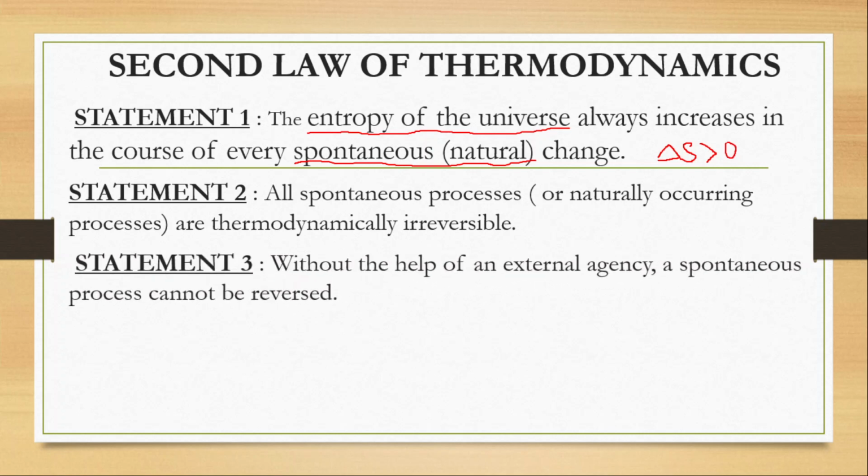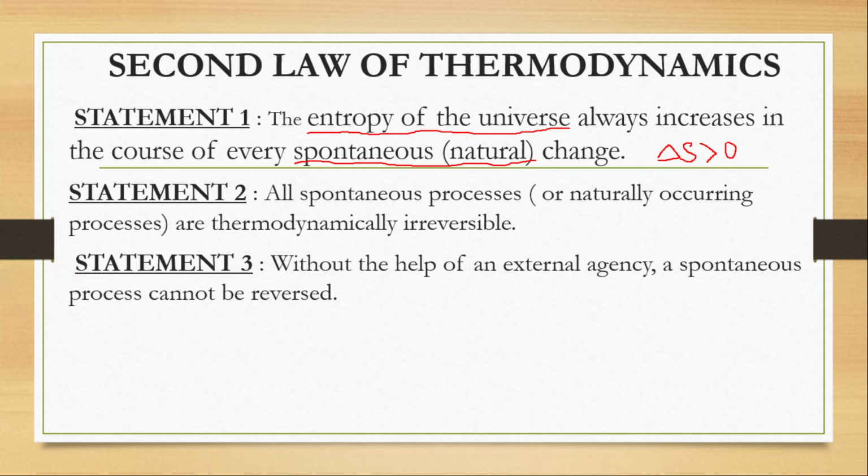Without the help of an external agency, a spontaneous process cannot be reversed. That is what we have discussed just now. Without the help of a motor, water cannot flow from a lower position to an upward position. That is the external agency. The external agency is nothing but the pump, which helps throughout the process of lifting the water from downward to upward.